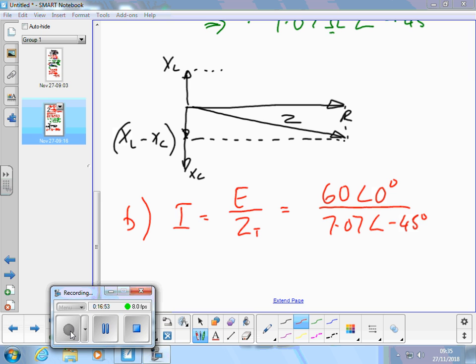That's the final answer that's got to have the units in. And the answer to that is, somebody? 8.49 amps, 45 degrees. I'm saying, when you're trying to do division, the units clutter the thing up and you don't need them in there.